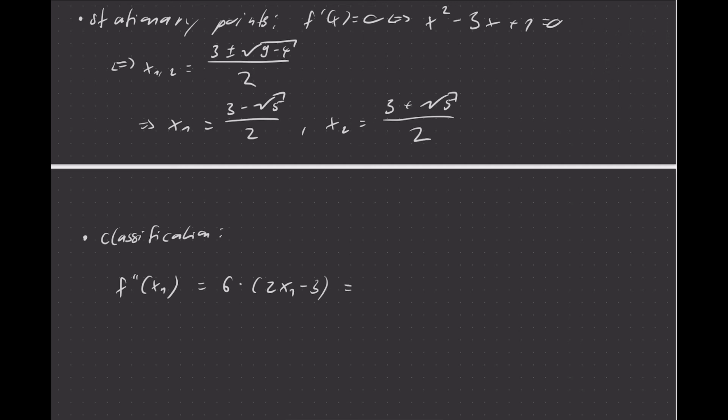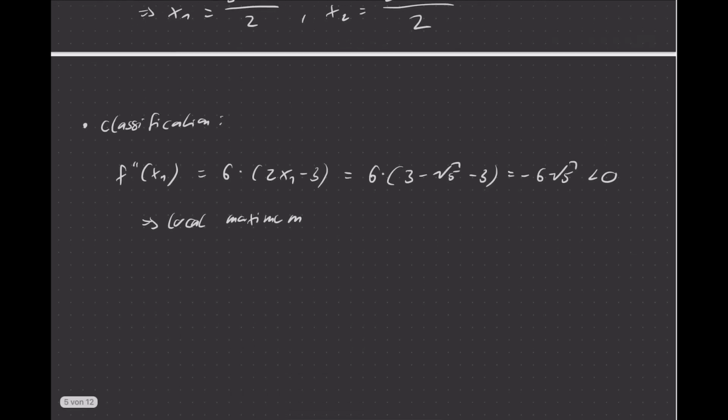So what we get for x1 here is 6 times 3 minus the square root of 5 minus 3. So that is 6 times minus the square root of 5. And that surely is negative. So that means we have a local maximum here. Right, f double prime is not 0. The order is even, and that means we have a local maximum.